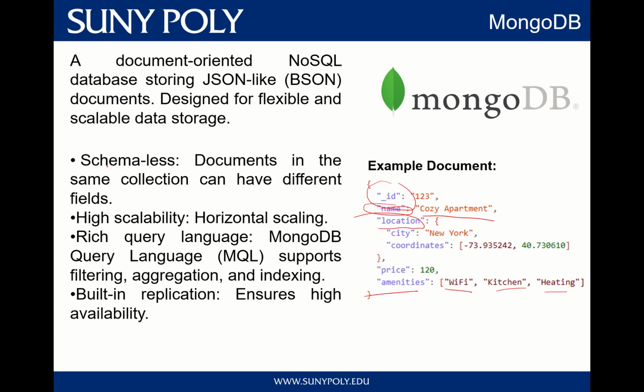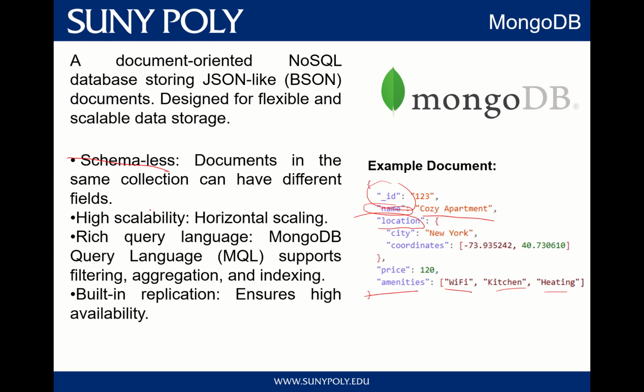Okay, so one of the properties of these databases is that they are schemaless. So you don't need to create the structure explicitly. Documents don't even have to have the same structure. It's possible that one document has 5 keys, but there is another one that has 10 keys.